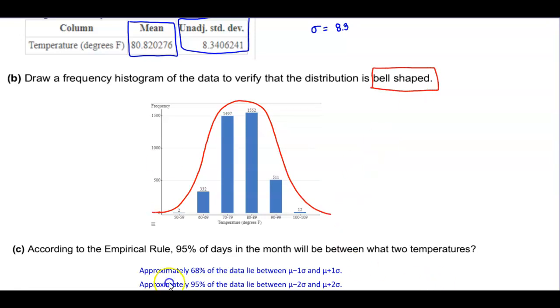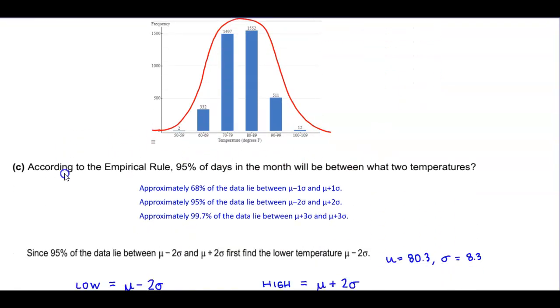Now, in Part C, it says, according to the empirical rule, 95% of days in a month will be between what two temperatures? Approximately 68% of the data lie between mu minus 1 times sigma and mu plus 1 times sigma, where mu is the population mean and sigma is the population standard deviation.